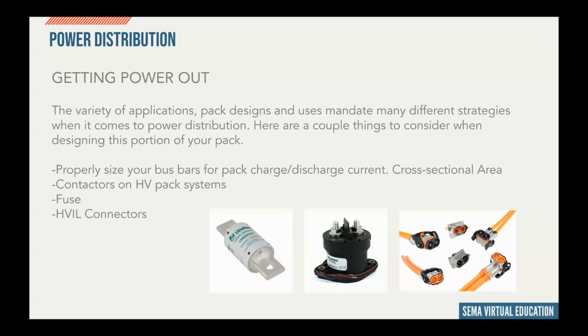The other part of power distribution that provides safety and control is on high voltage packs. There should be a contactor, typically a negative contactor, inside the pack that is externally controlled, that closes, allowing current to flow. And when not being used or there's an unsafe condition, the contactor can open, eliminating live current at the connector.